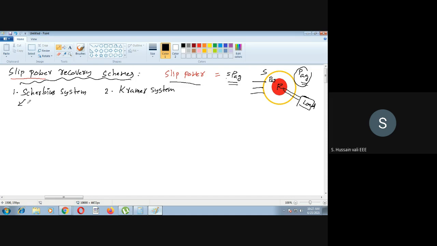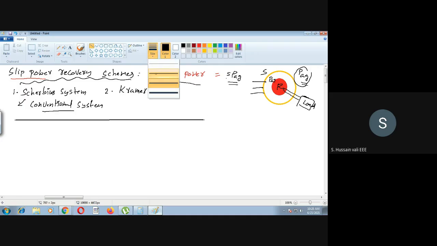Now we'll see here. First we'll study the conventional system, that is the conventional Sherbius system. In the Sherbius system, the first one is the conventional system. We'll draw the block diagram of this first.